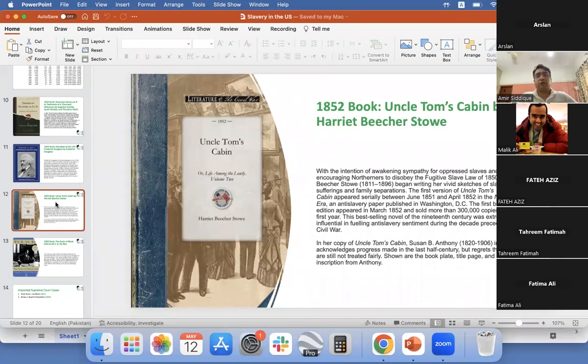In this novel, she talked about an Uncle Tom, and the book gave people the idea that anybody can help slaves. We should all help slaves get out of slavery, and a lot of people did that. We'll talk about the Underground Railroad in a while.